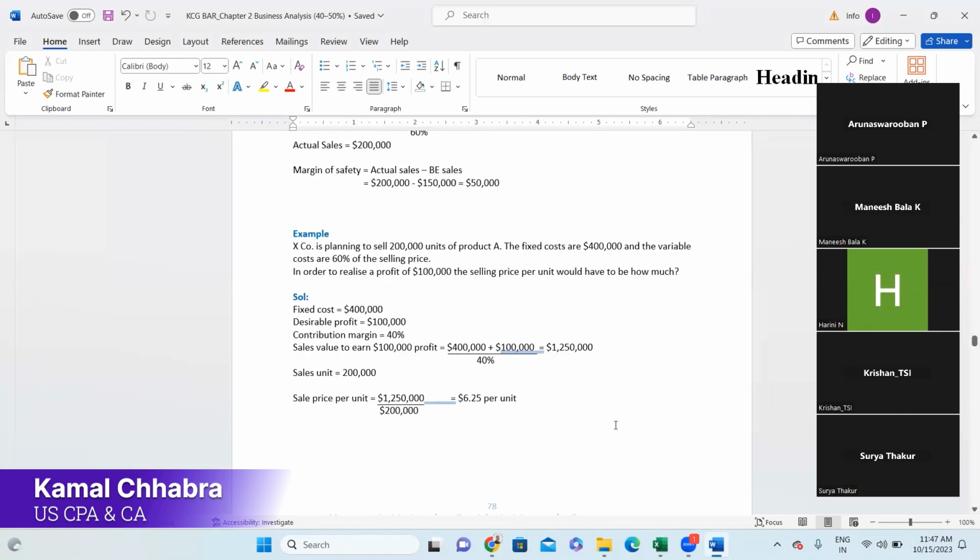Why did we take the contribution margin as 40% earlier? Because 60% is the variable cost. So remaining 40 will be the contribution margin. So contribution margin is equal to sales minus variable cost, right? So what is variable cost?